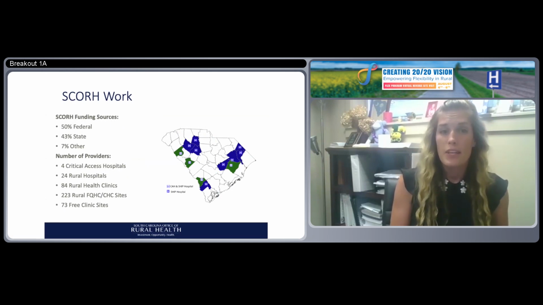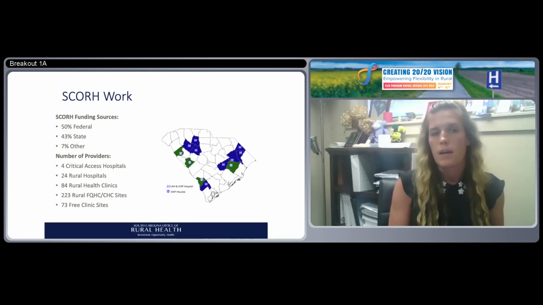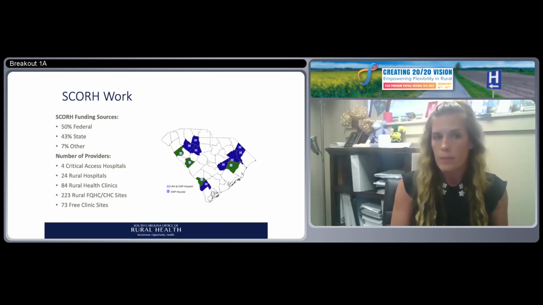So the work that we do: we only have 4 critical access hospitals in South Carolina. We had one close at the end of 2018. We've had 4 hospital closures across the state over the last couple of years. So we have 4 critical access hospitals, 12 SHIP hospitals, and 24 rural hospitals.